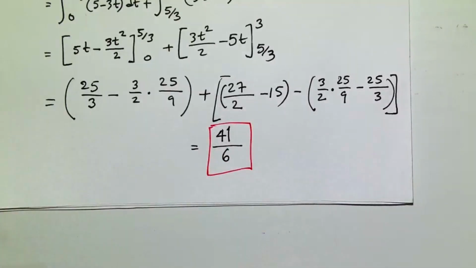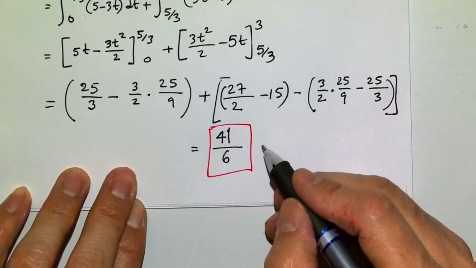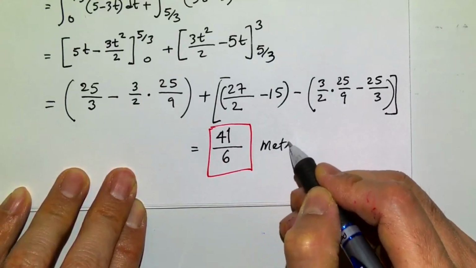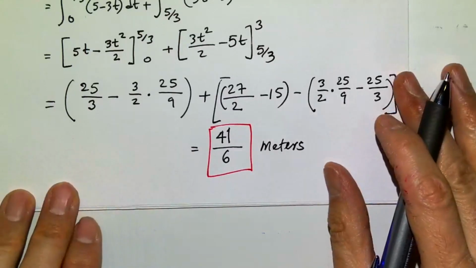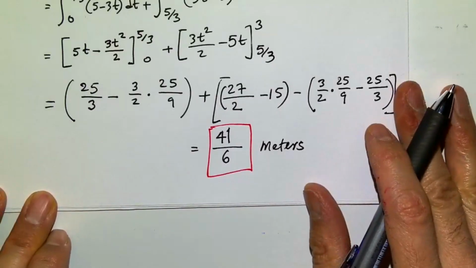Since everything was given in meters and seconds, this is the distance traveled in meters over 3 seconds.